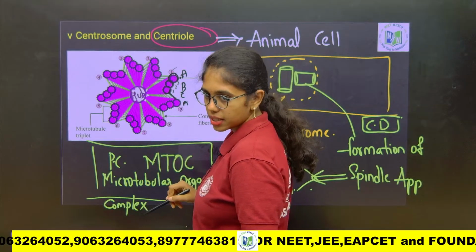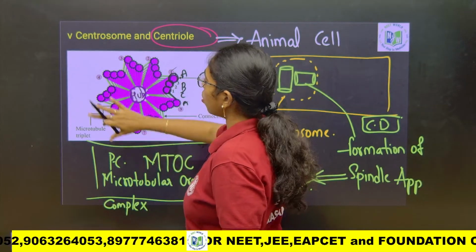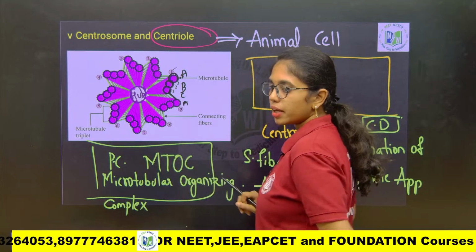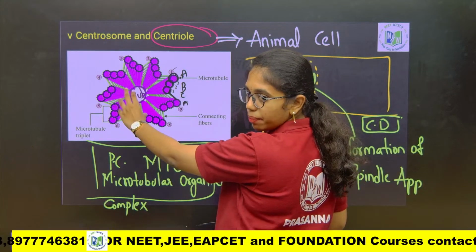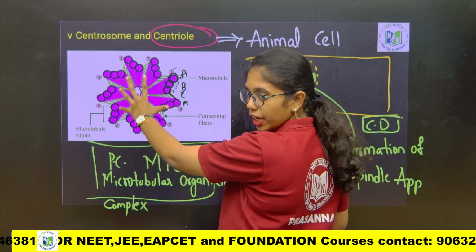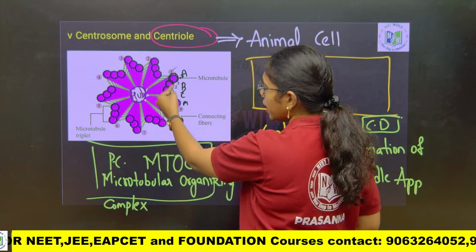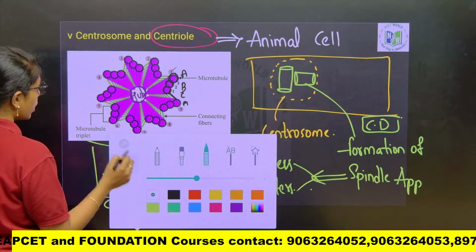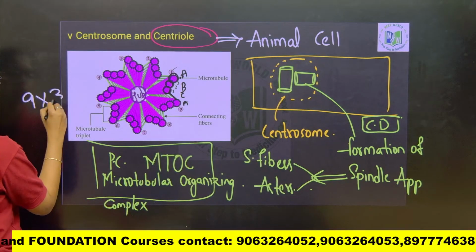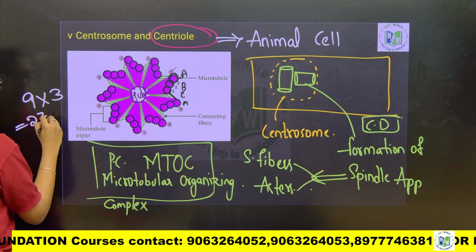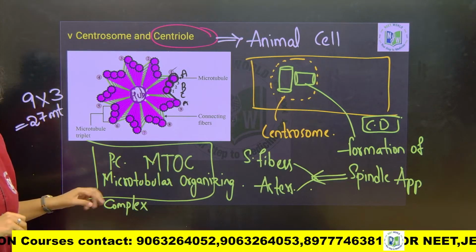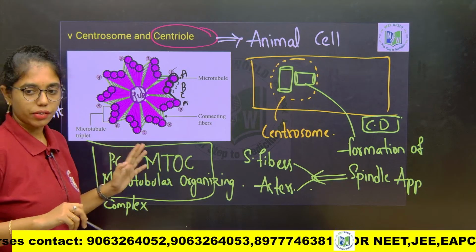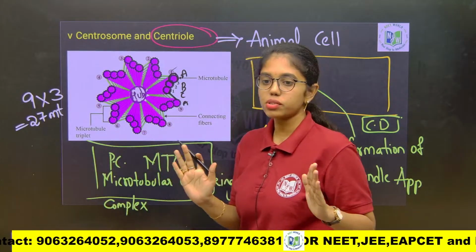So, in total how many microtubules will be there? At the center one proteinaceous hub, to that 9 radial spokes, and to each radial spoke 3 are present. It is very simple, right? 9 into 3, total 27 microtubules. Clear? This is with respect to centrioles. Everything is clear with respect to centriole, right?